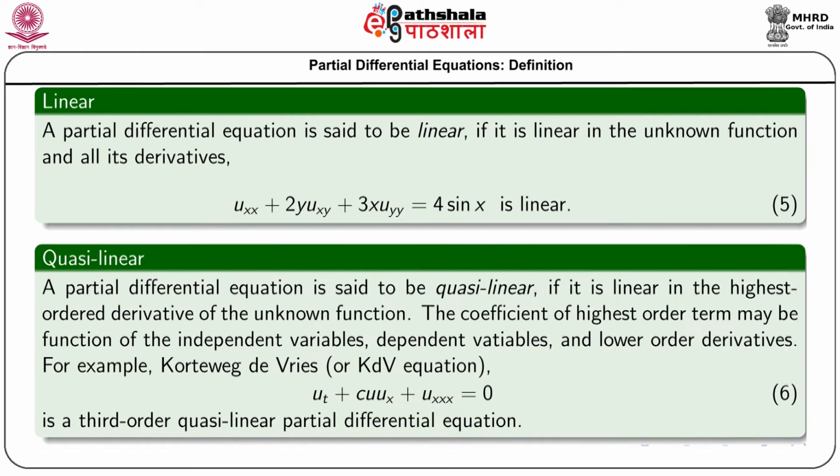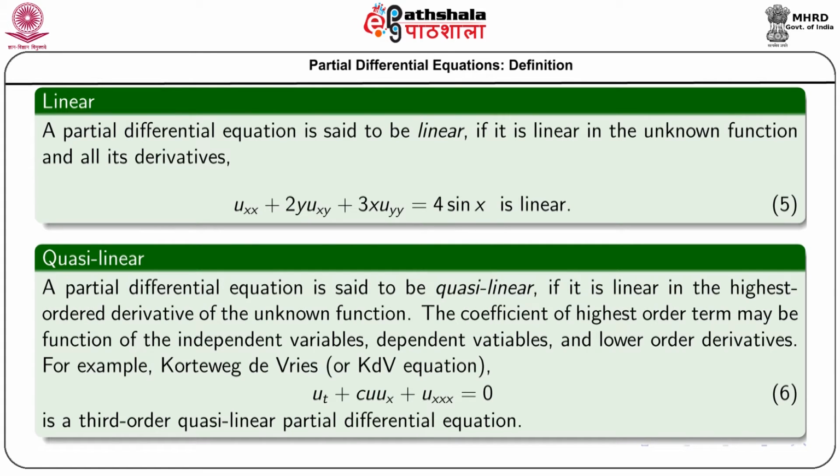One example of a linear differential equation is given in equation number 5. If you see the coefficients of the derivatives in this equation, they are only functions of x and y. So, this is a linear differential equation.